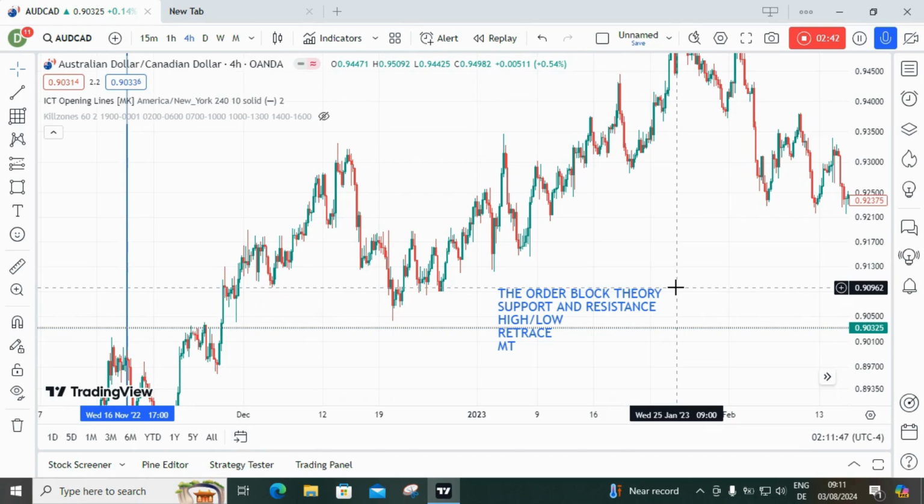We go back to the PD arrays, the premium and discount arrays. We see a discount level. So whenever there is a down close candle, we are seeing the discount, and whenever there is an up close candle, we are seeing the premium. So if we see a down close candle, we know that we are going to buy because we are in the discount.